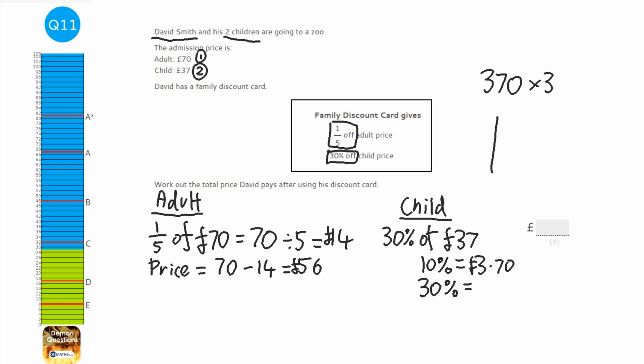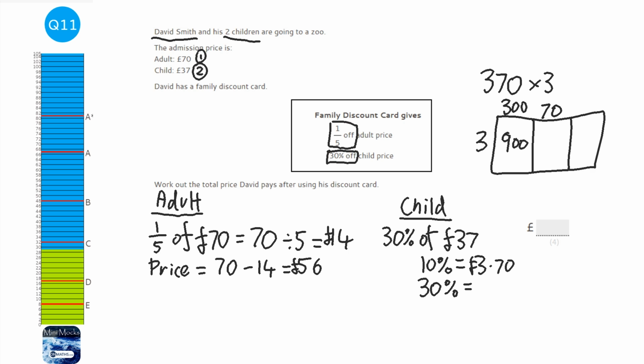So I can do a little grid. And if this is on the calculator, then obviously you just type it into the calculator. And obviously that's going to be 0, so we don't need that one. So it's 900. That's 21 with a 0. So 900 plus 21, 210 even. 0, 1, and then 11. So that's going to be £11.10.